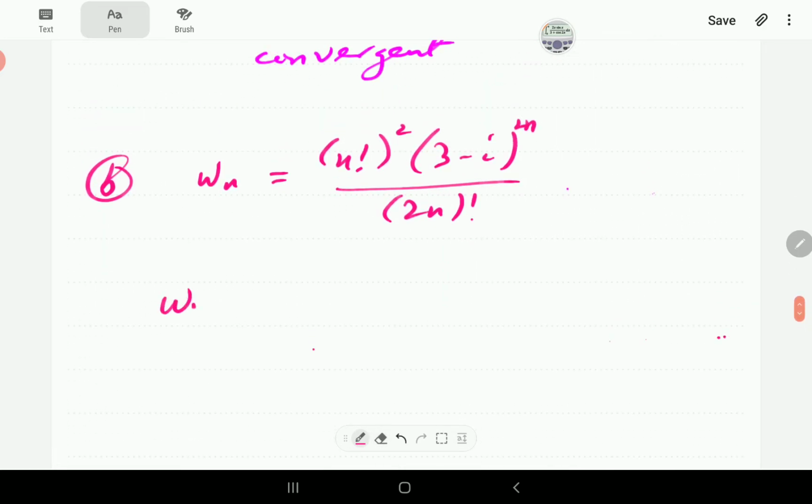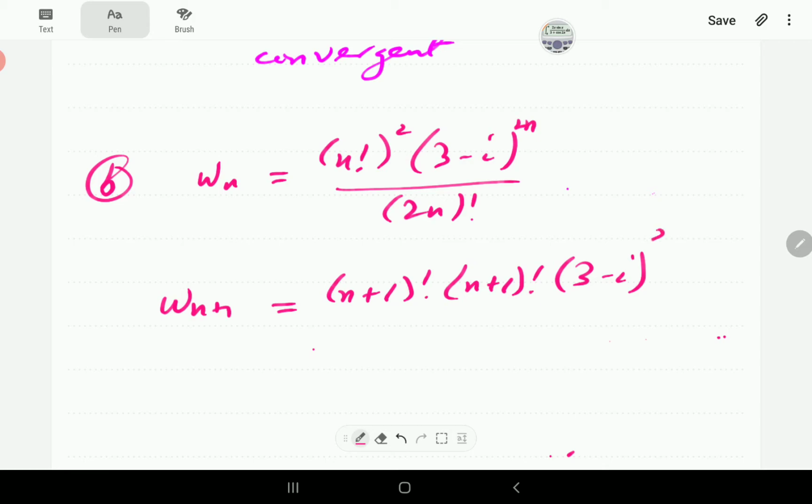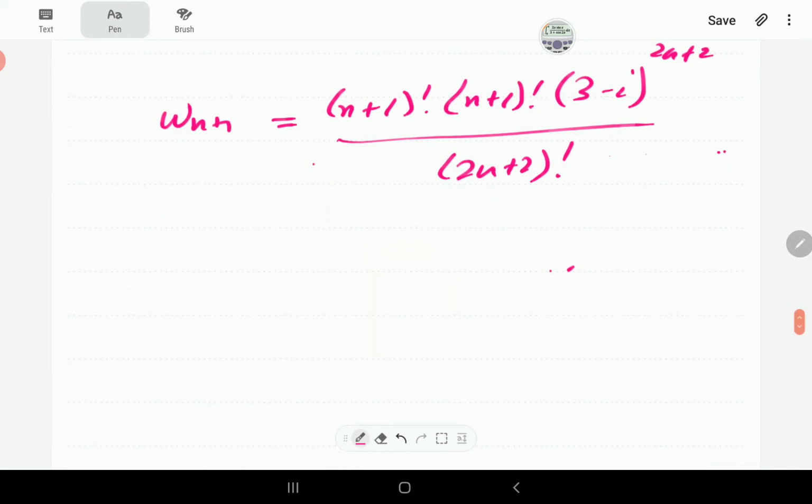So Wn+1 is going to be (n plus 1) factorial times (n plus 1) factorial, times (3 minus i) to the power 2n plus 2, and in the denominator we're going to have (2n plus 2) factorial.